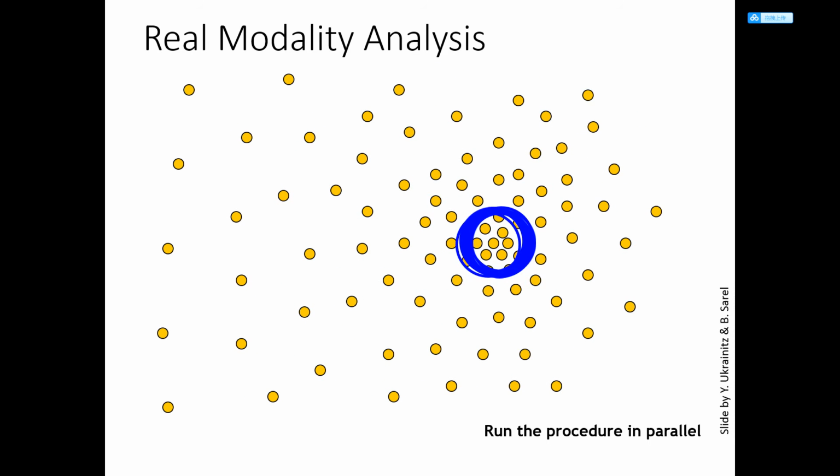If you do this in parallel, in the simplest case, each data point can start a cluster, and you let all of them go through this mean shift procedure.